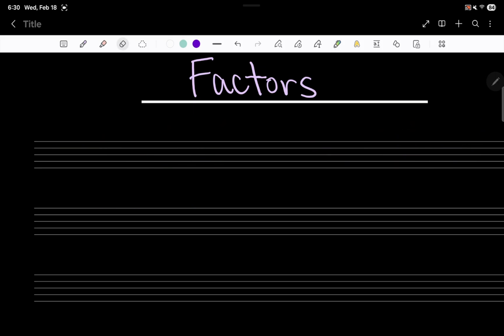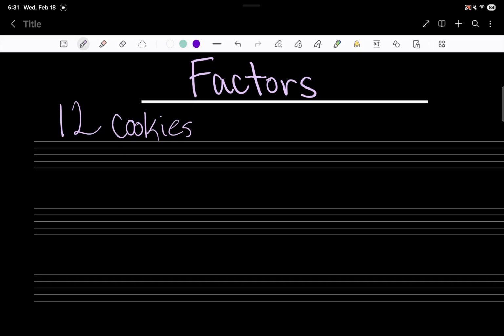So now let's look at a real world example. Because we already used the number 12, we're going to continue and use 12 again. Let's say we have 12 cookies, and we want to share them evenly. That's when factors come into play.